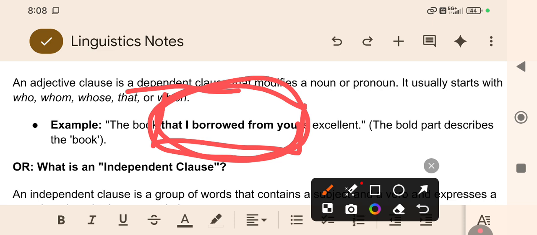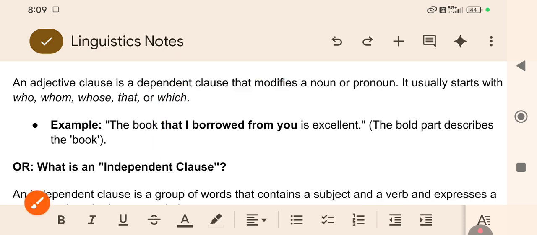Because this who or what... this is the poem that I was talking about yesterday was John Keats' poem, right? So that whole elaboration, whole group of words is used for the poem, a particular poem. This way you can give any example, is a great example of an adjective clause, right?